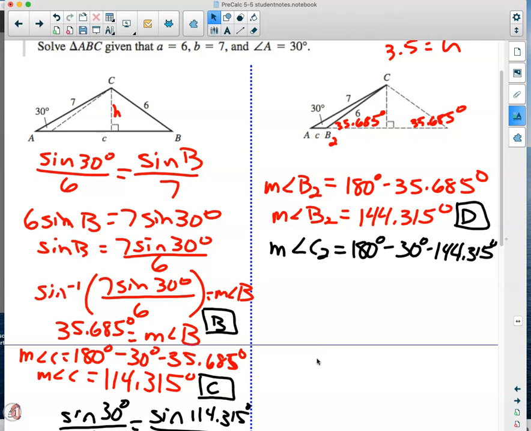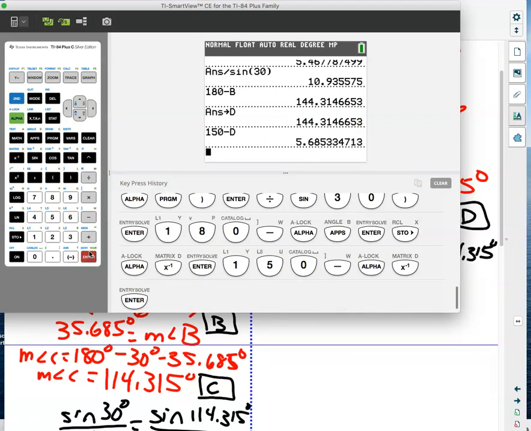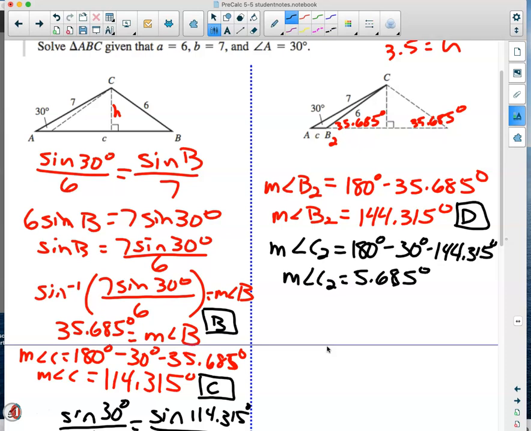And I stored that as D. So 180 minus 30 would be 150. And then I want to call up my angle D. 5.685 would be the other angle. Again, I'm doing that sub 2 since this is my second triangle.